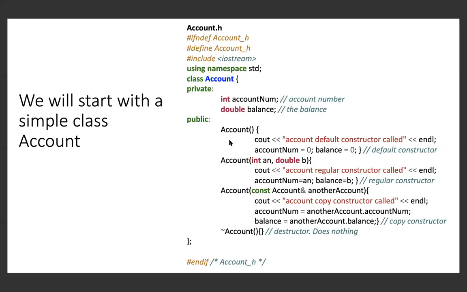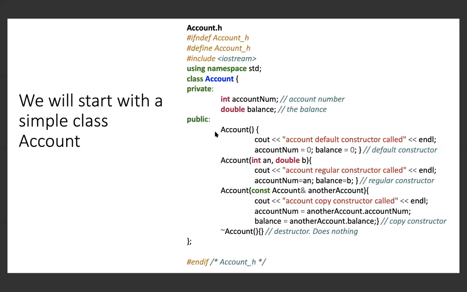Now, the public members. There are four public members here. Three are constructors and one is a destructor. The first constructor is the default constructor. It is the default constructor because it doesn't take any parameters. So it's just the account function call. A constructor always has the same name as the class.